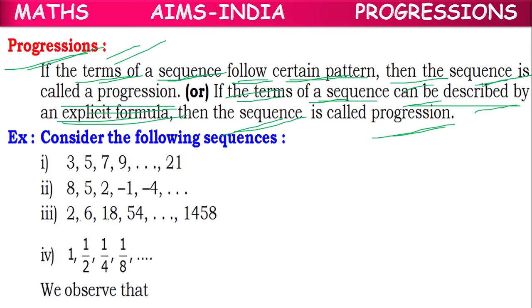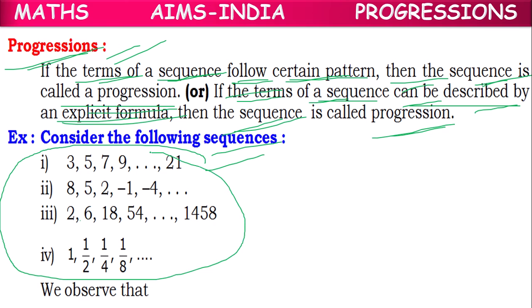If there is one particular formula between the terms, then that sequence will be considered as a progression. So here, these all sequences are considered as progressions.